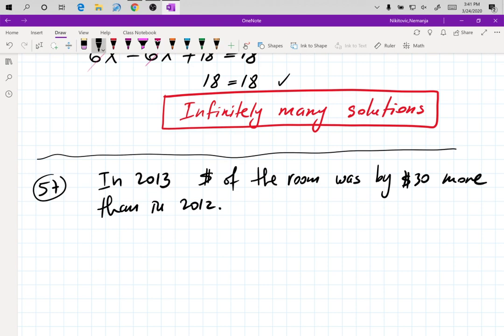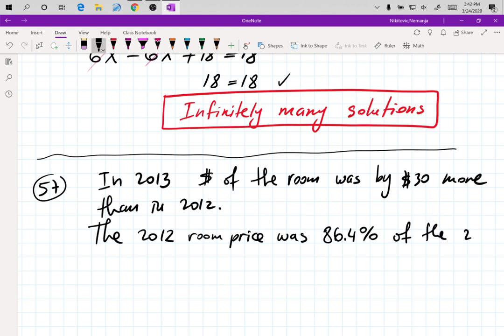Now, here's this fun one. The 2012 room price was 86.4% of the 2013 price. Figure out equations, figure out the price.